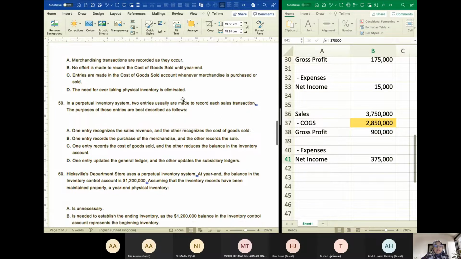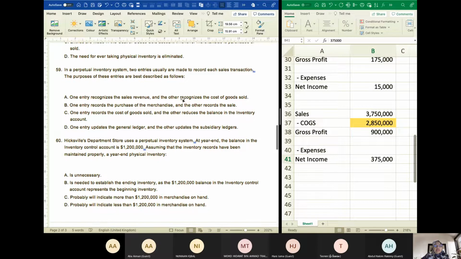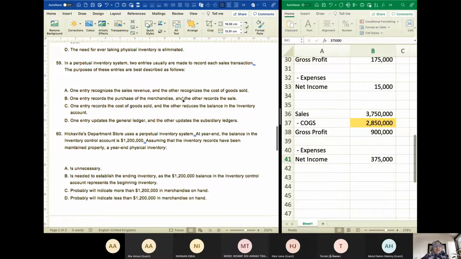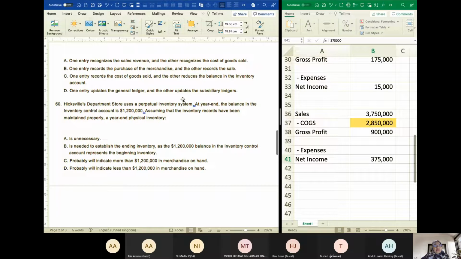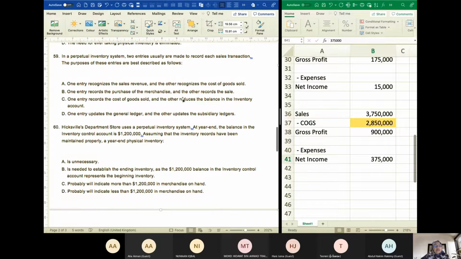Okay. All right. In a perpetual inventory system, 2 entries usually are made to record each sales transaction. The purpose of these entries is best described as follows. A, one entry to recognize sales revenue, the other to recognize cost of goods sold. B, one entry to record purchase of the merchandise, the other to record sale.